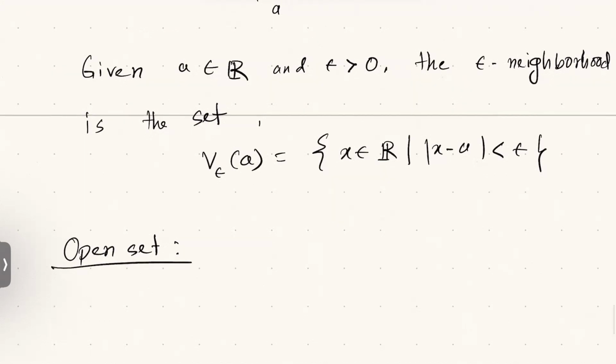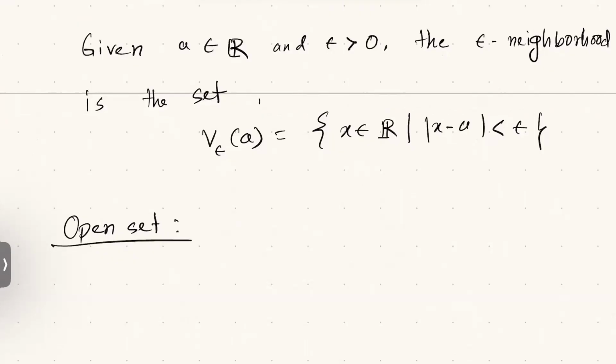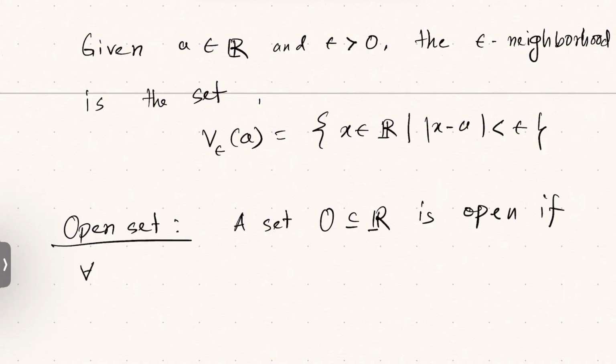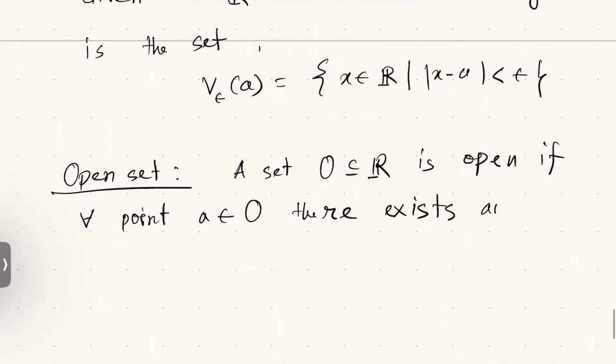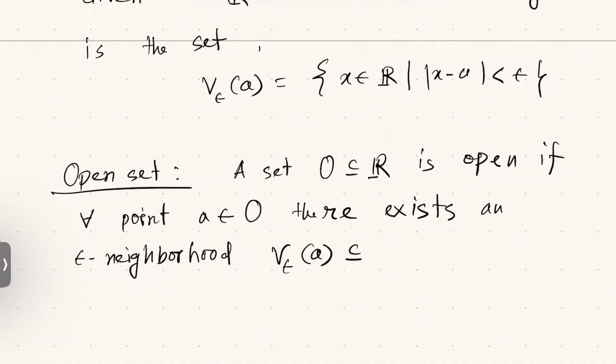So a set O, a subset of R, is open if for all points A belonging to O, there exists an epsilon neighborhood V_epsilon(A) in O.